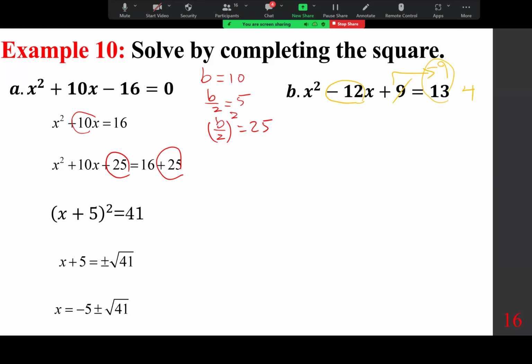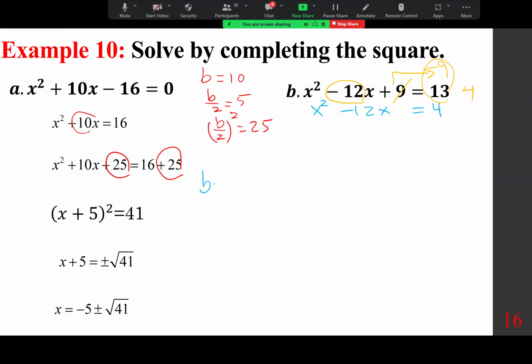So let me write that actually. x² - 12x = 4.